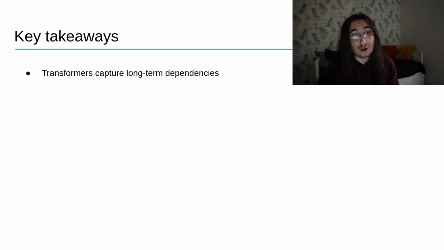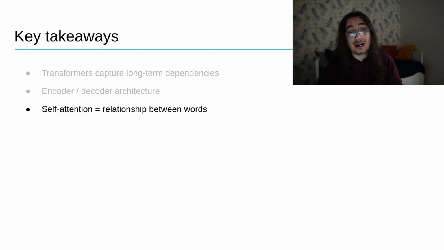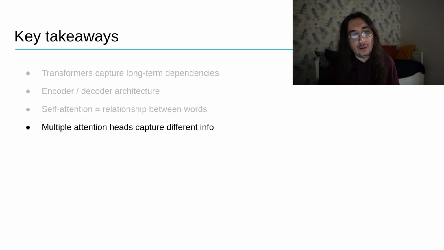Okay, before we go, let's wrap up this long lecture by taking a look at important points. Transformers are capable of capturing long-term dependencies, and that's what made them so successful and made them dominate so many different fields. They do have an encoder-decoder architecture. The magic happens thanks to the self-attention mechanism that creates relationships between all the words.